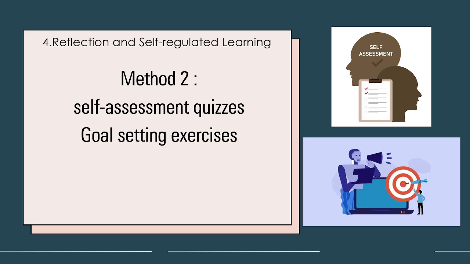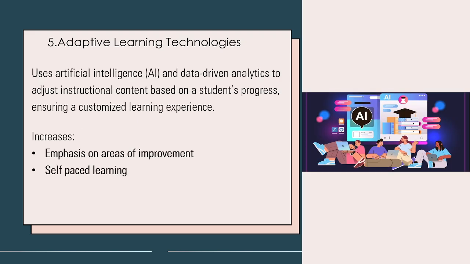And coming to adaptive learning strategy, adaptive learning uses artificial intelligence and data-driven analytics to adjust the instructional content based on the student's progress, ensuring a customized learning experience. This method helps learners focus on the areas where they need to improve while advancing through the material at their own pace.